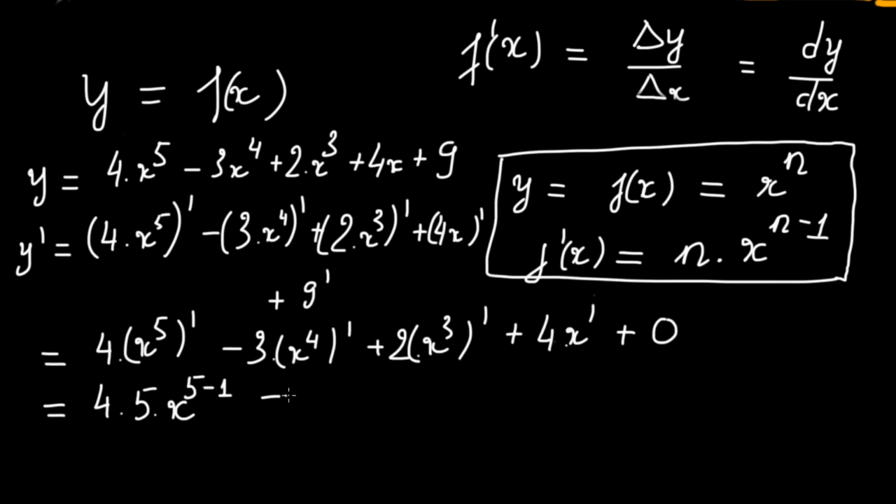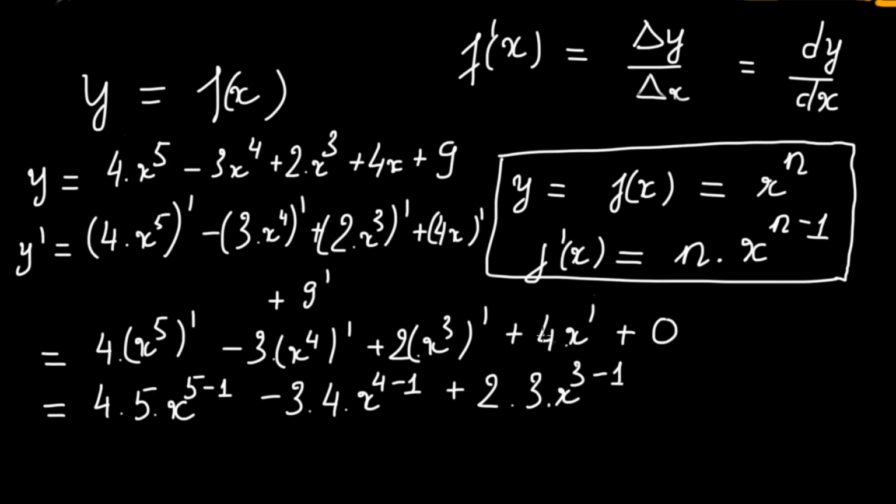And then minus 3 right here, and then x to the 4th prime. So we put 4 down, x to the power of 4 minus 1, using this formula again. Plus 2 again. X to the 3rd prime, we put 3 down, right? And then times x to the power of 3 minus 1.